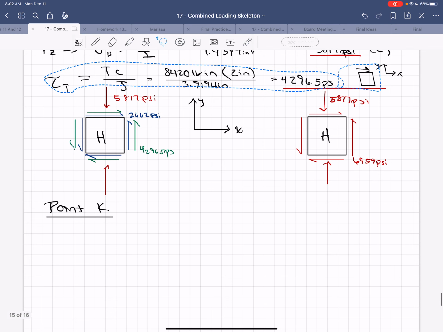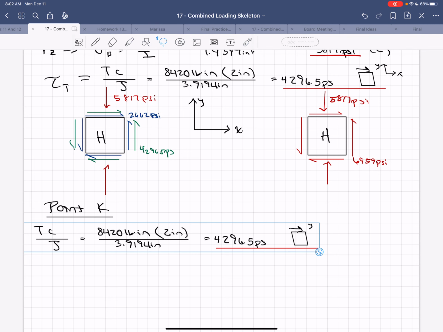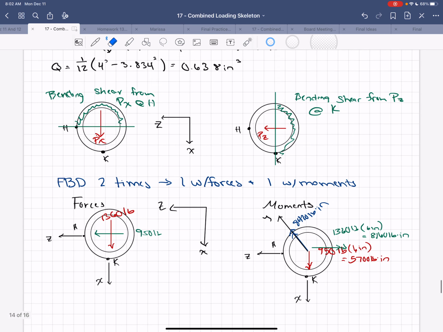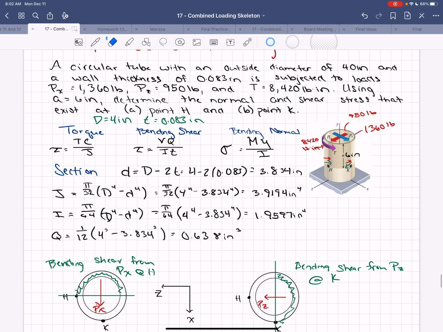So that stays the same. Now, looking at K, we're looking straight this way.